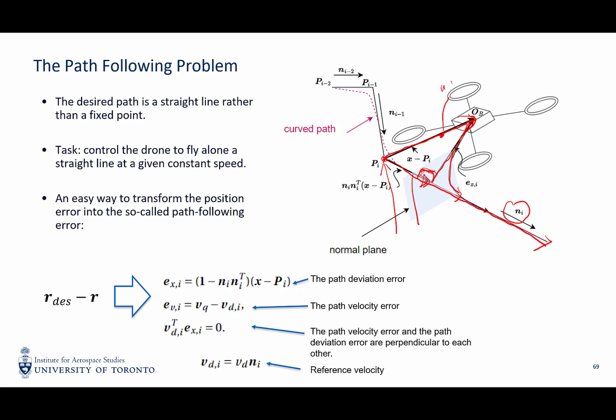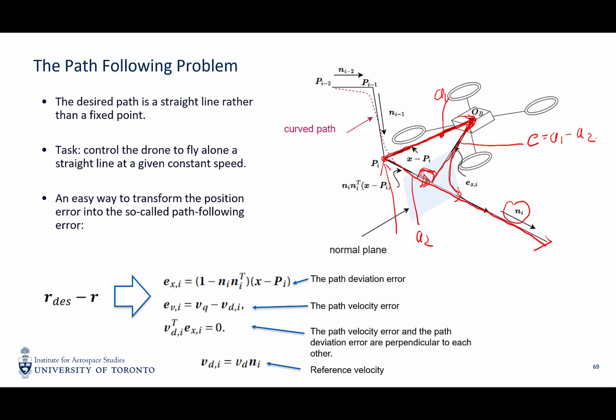So if we say this is A1 and this projection is A2, where A1 is the vector from the starting point of the trajectory to the center of mass of the quadrotor and A2 is its projection onto this trajectory, then E is actually A1 minus A2. Right? So it only takes into account the perpendicular displacement of the drone away from the desired path.